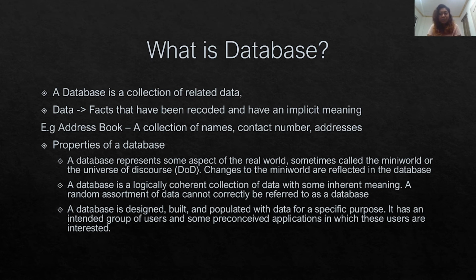This is a very simple definition of a database, but in the digital world, when we define a database, they need to satisfy 3 properties. The first property a database needs to have is that it needs to represent some part of the real world. It needs to be a fact that is from the real world.